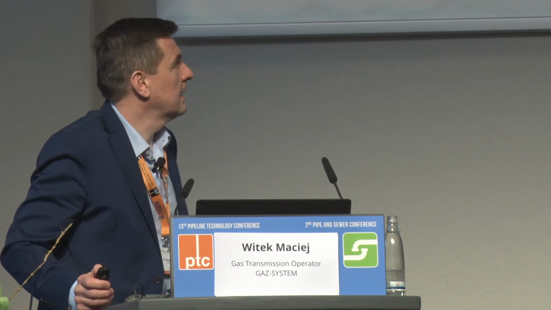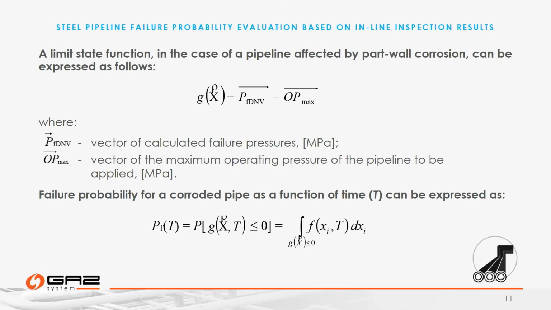To calculate the pipeline failure probability, it is necessary to introduce a limit state function, and commonly used in the literature is the limit state function, which is the difference of pressure, shown here.